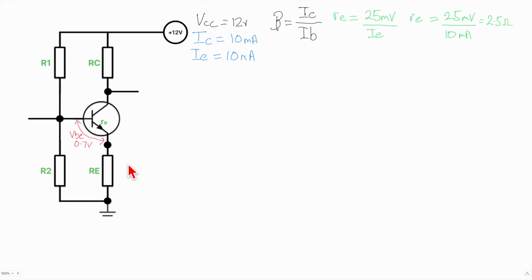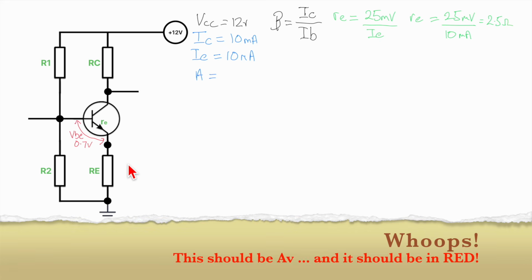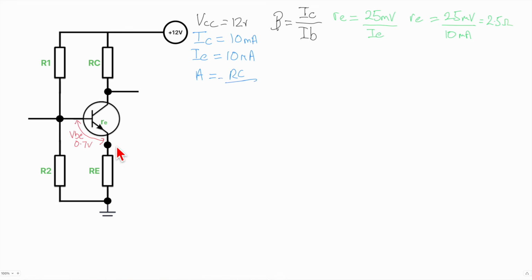What it also means, when it comes to determining the voltage gain of the amplifier, and we're not really on this at the minute, but it's probably worth doing here. The voltage gain, which is A, when you rearrange the formulas and cancel things out, is essentially this resistance divided by the resistance at the emitter. So A ends up being minus RC, because it's inverted as we're taking it from the collector, over the resistance at the emitter.